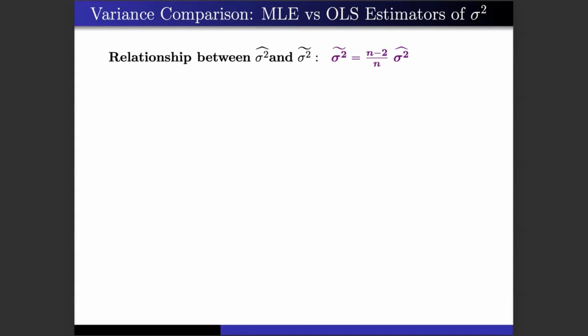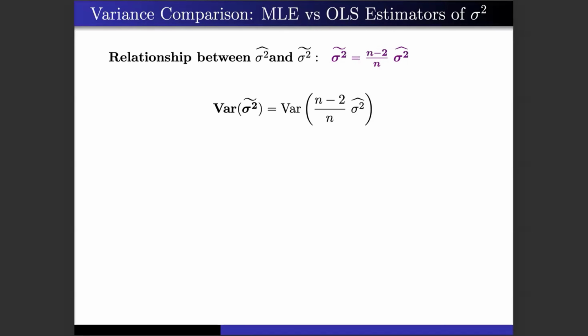We have already seen the relationship between these two estimates, and we have that the maximum likelihood estimate of sigma square, denoted by sigma square tilde, is equal to n minus 2 divided by n times the ordinary least square estimate of sigma square, denoted by sigma square hat, something we have already proved. So let's find out the variance of sigma square tilde.